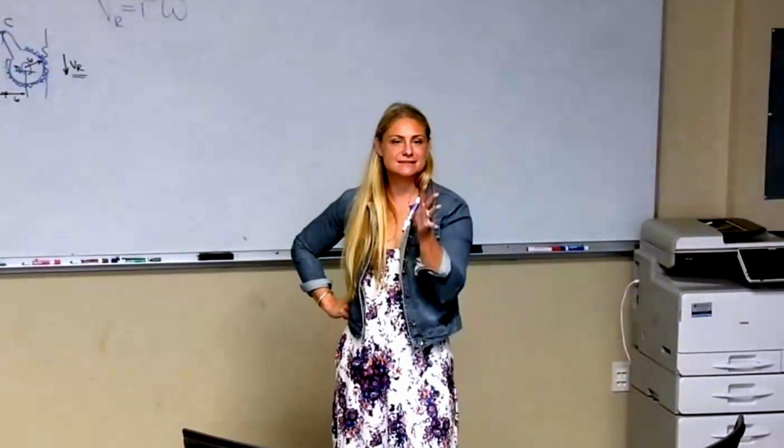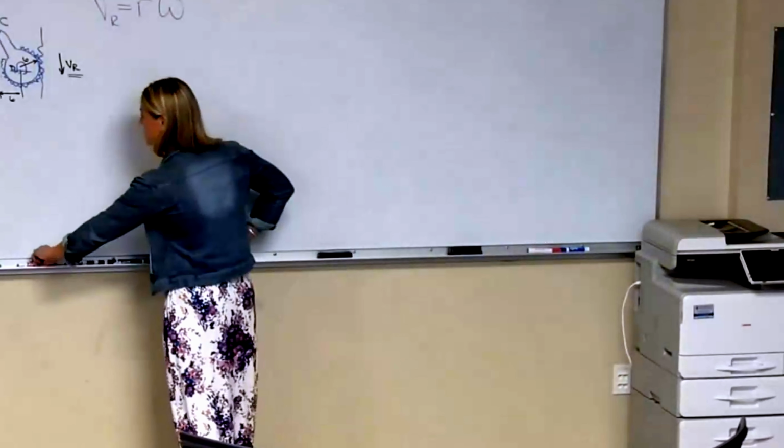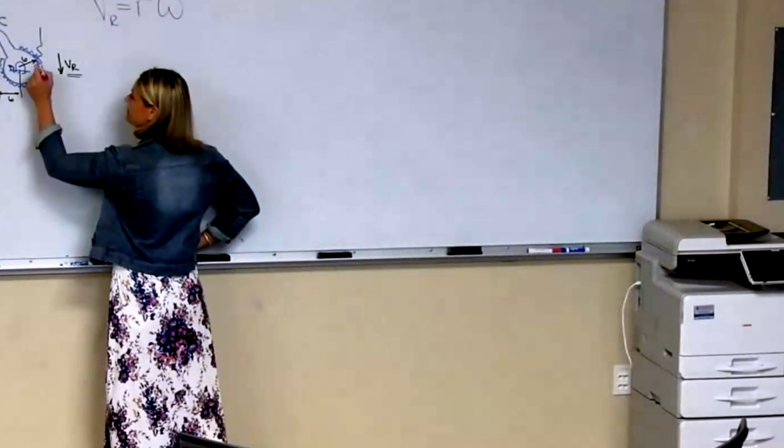No-slip condition means that at the point of contact, the velocity at that point is the same for both rigid bodies. I can call this point P, so VP equals VR. It's the same thing at that point.